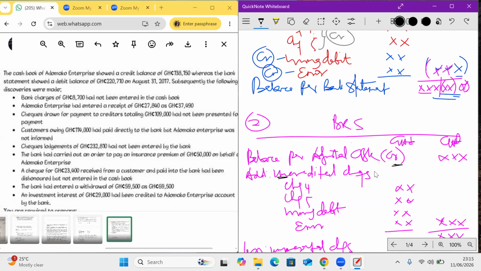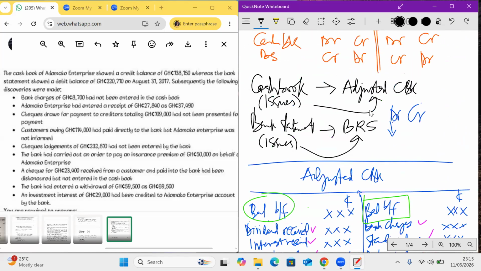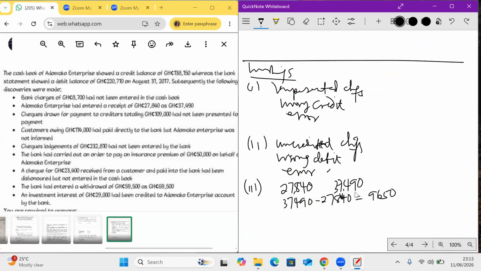Let me help you. I have records here. If the cash book has issues, use the adjusted cash book to correct it. Are you good? So the issue is with the cash book. We are using the adjusted cash book to correct it.